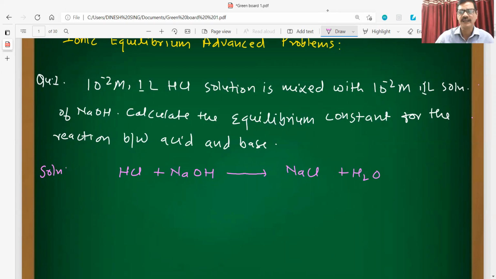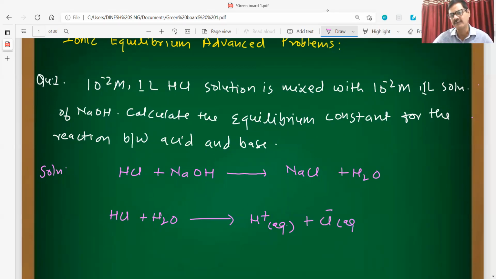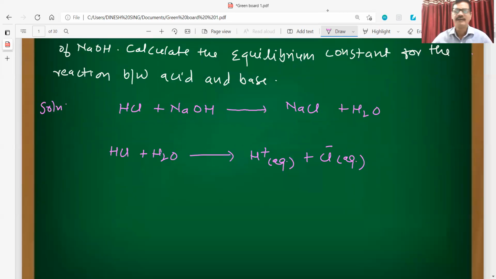If we have the aqueous solution of HCl, because this is a strong electrolyte, it will exist completely as H positive aqueous and Cl minus aqueous. Similarly, NaOH is also a strong electrolyte, so it will exist as Na positive plus OH minus.